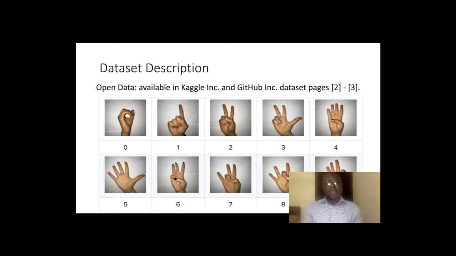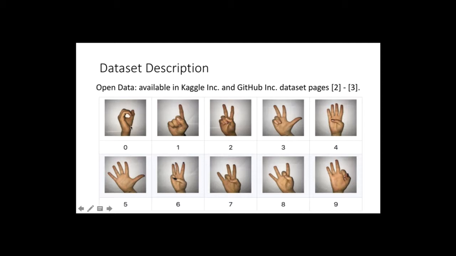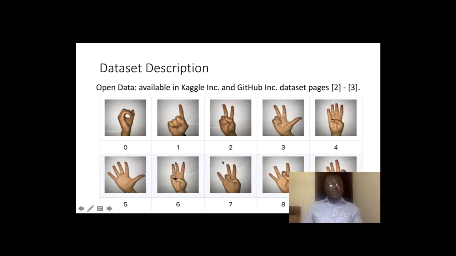It is an image of 100 by 100 pixels with RGB color and consists of 10 classes from 0 to 9. About 218 students participated in the project. On average, each student supplied 10 samples. This dataset is useful for a proof of concept.